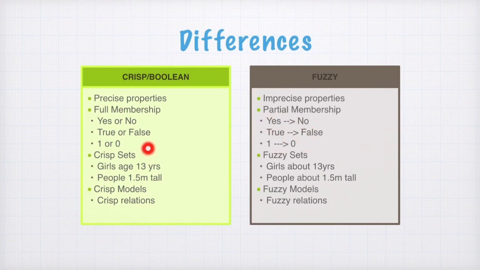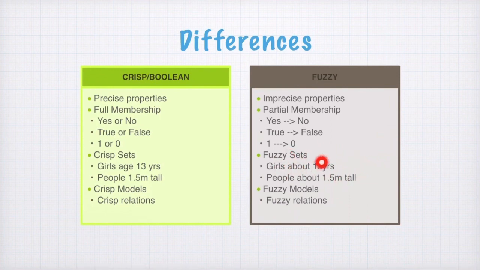In a crisp set, in a Boolean set, the values are always exact. For example, if we look at the variable age, the value is 13 years. Height, 1.5 meters. In a fuzzy set, we can say she is about 13 years. Maybe she is 12 years and 11 months. Maybe she is 13 years and 2 months.